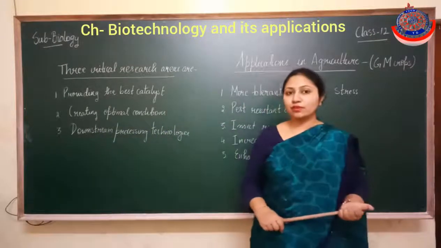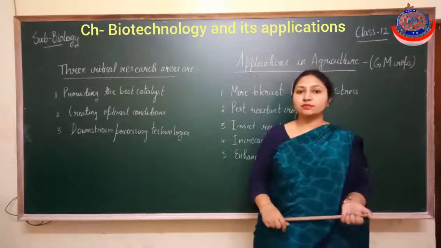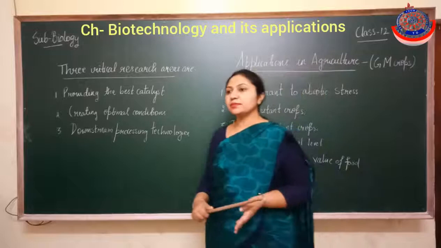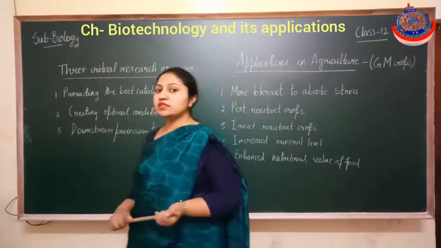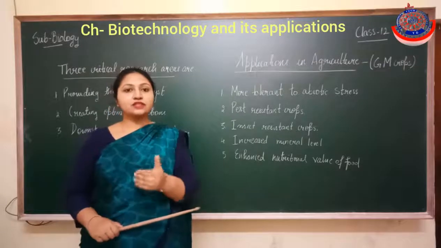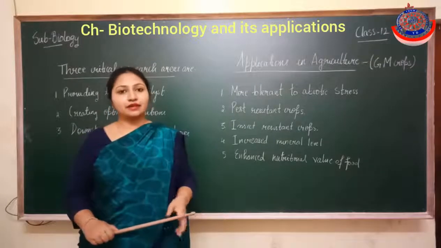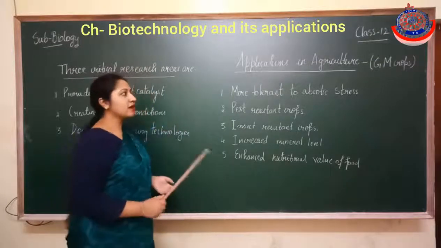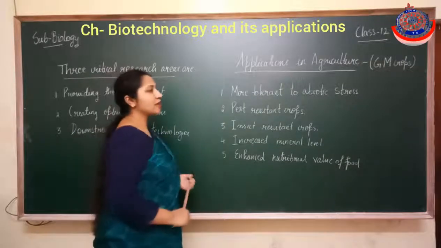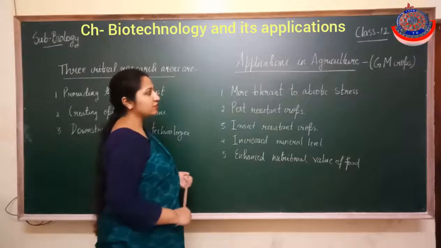But first we will talk about what actually GM crops are. GM crop means the transgenic plants in which a foreign gene is inserted, and that gene is inserted to get the desired character. So that plant is known as a genetically modified crop. Let's discuss the applications of these kinds of crops.